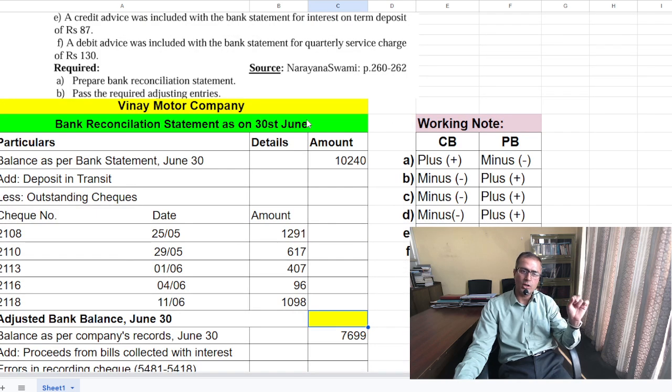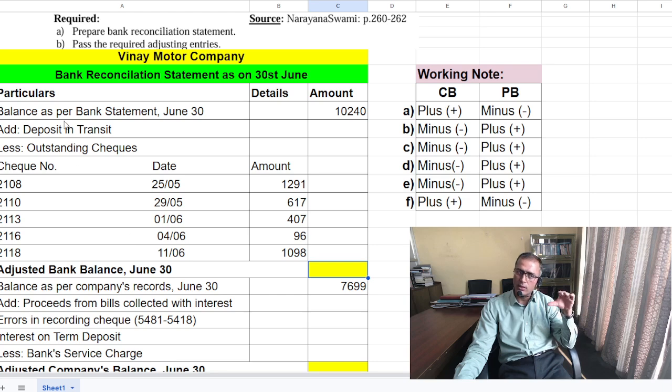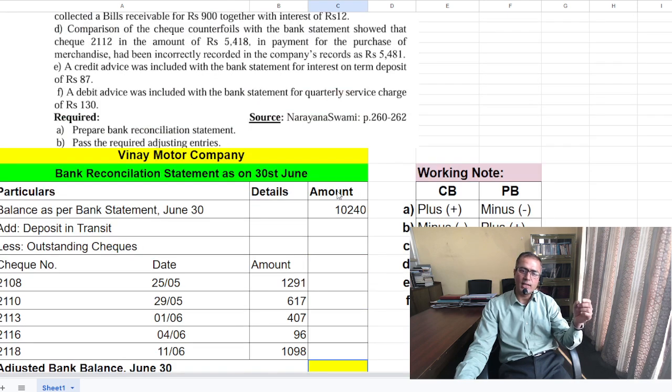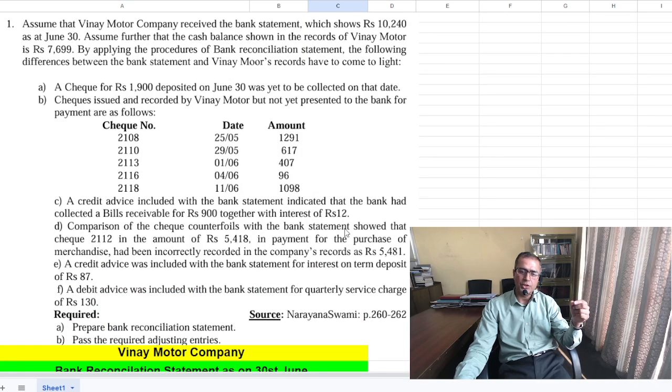This is the Binay Motor Company, and you would have two segments here. One is the balance as per bank statement, where you would be adjusting deposit in transit, outstanding checks, and including bank error. The next segment is the balance as per company record, and as per the company we have 7,699, and as per the bank statement it is 10,240, which are clearly given in the question, right?